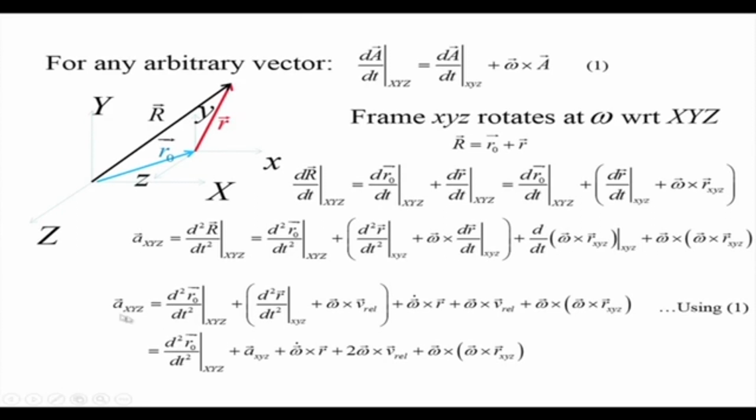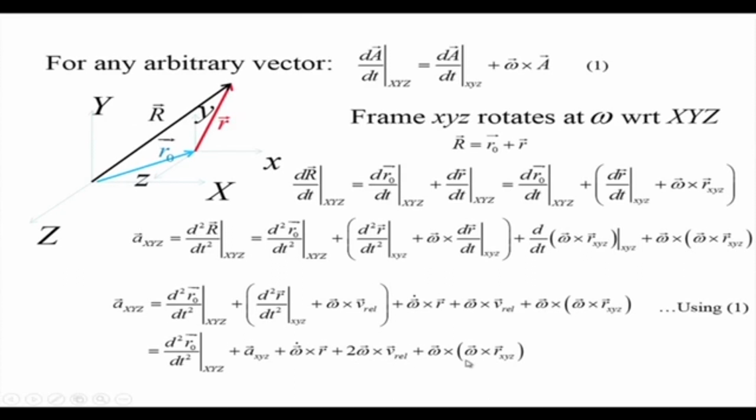So we came up with the final expression that the acceleration with respect to capital XYZ is d square r naught dt square plus the acceleration with respect to small xyz plus omega dot cross r plus 2 omega cross v relative plus omega cross omega cross r.